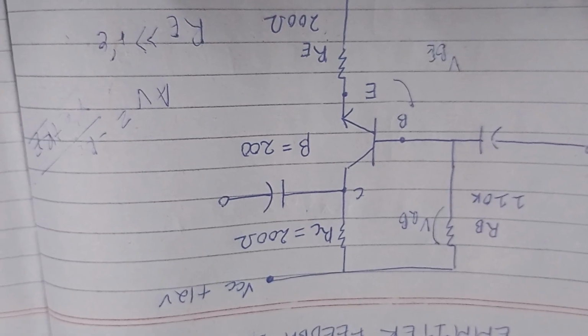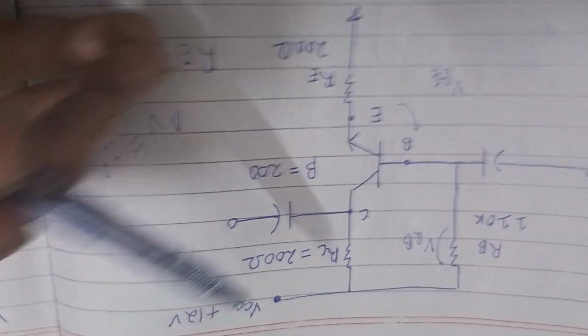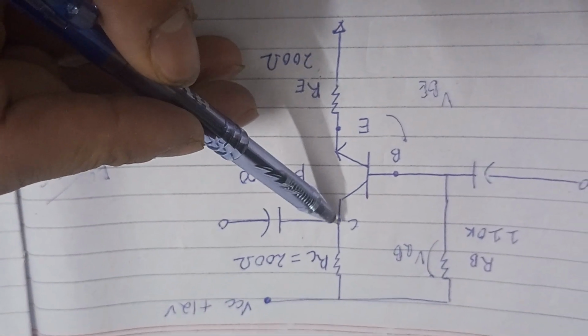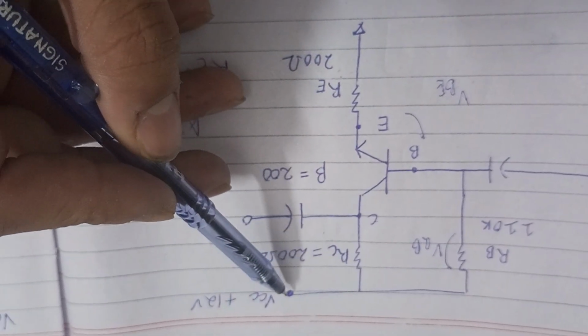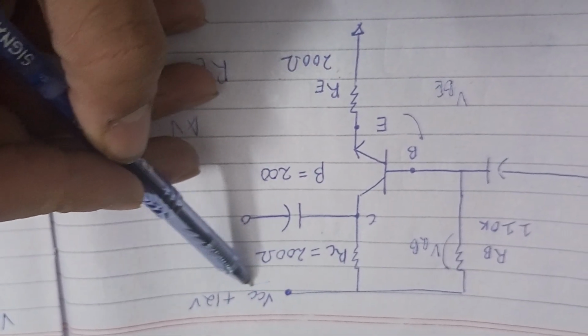Now if we look back to our circuit, what is the collector voltage? There's the 12 volt DC supply.